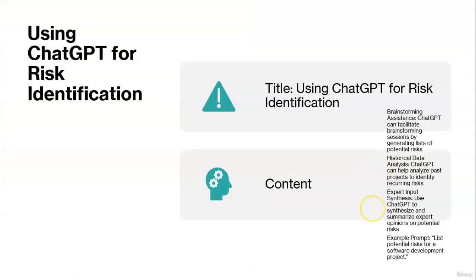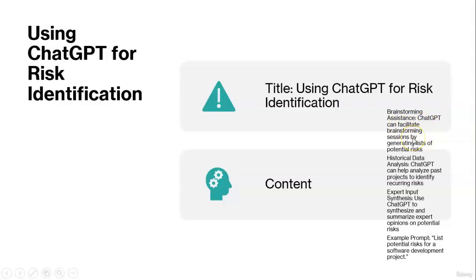Using ChatGPT for risk identification, let's start with risk identification. We can discuss several ways how it can be done. First case, brainstorming assistance.